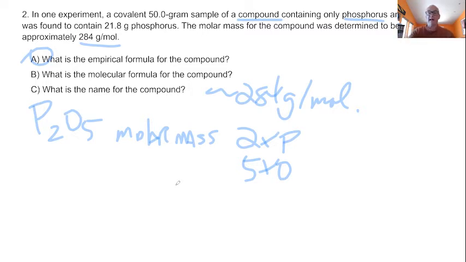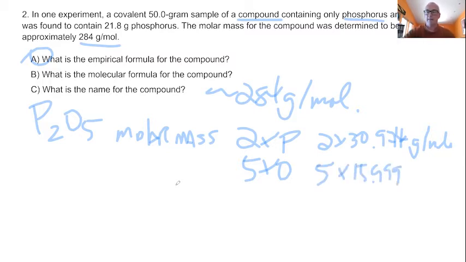So atoms of phosphorus, atoms of oxygen. So we already figured out that a mole of phosphorus atoms from our previous one is 2 times 30.974 grams per mole. And oxygen is 5 moles times 15.999 grams per mole.